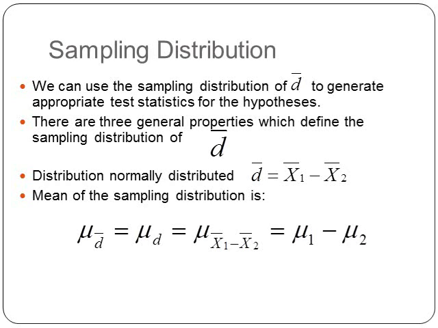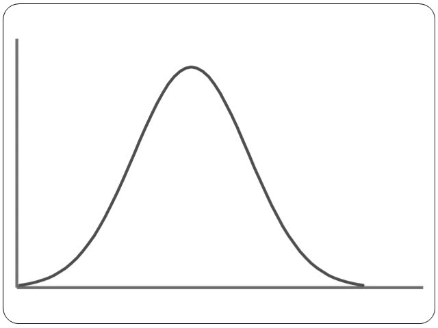The mean of the sampling distribution is basically the same philosophy as before, mu1 minus mu2, or mu of the difference scores. We can think of this as the population of difference scores. So group 1 and group 2 difference scores, time 1 and time 2 difference scores. They're dependent.